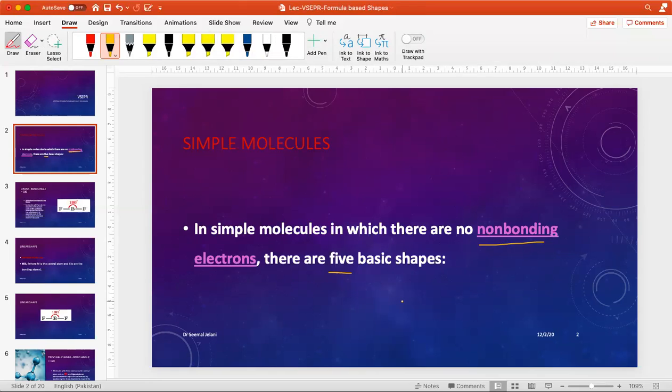I'm not talking here about any structure which has lone pairs, and due to the presence of lone pairs, the original shape is distorted to some new shape. So right now in this lecture, I'm only giving you the information about the 5 basic shapes when there are no non-bonding electrons.